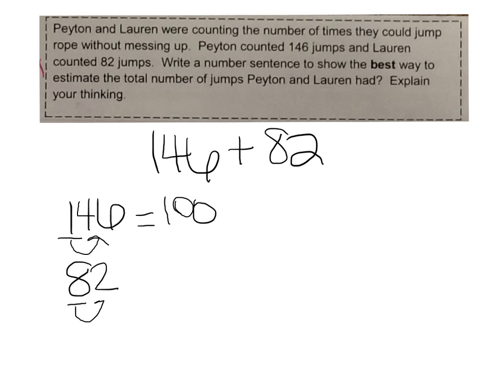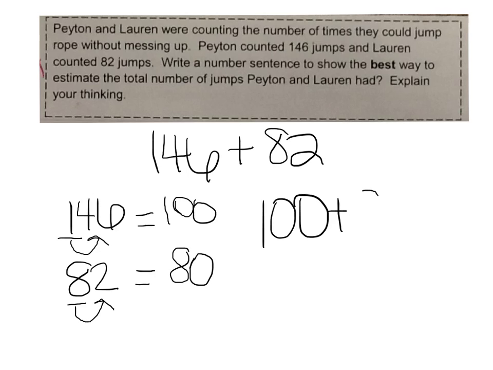I will need to look to my ones place. My rule is 5 or more, raise the score. 4 or less, let it rest. And since 2 is less than 5, I'm going to again let my tens value rest at 80, with my other numbers becoming 0. Now my estimation using rounding would be 100 plus 80, which would equal 180 jumps.